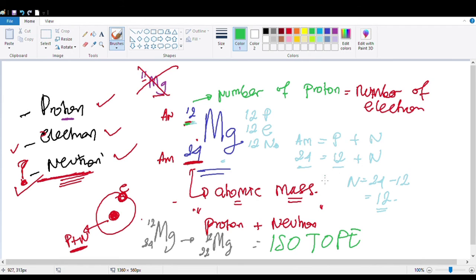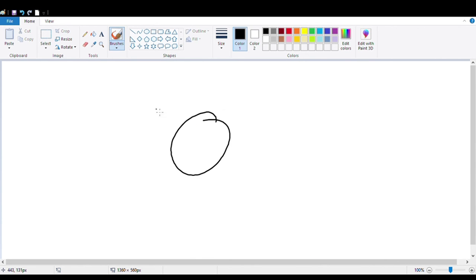Another isotope example: if we take oxygen, oxygen is the 8th in the periodic table, and the mass is 15.99, so we round off to 16. So oxygen is 8, 16. It means the normal oxygen is O16.